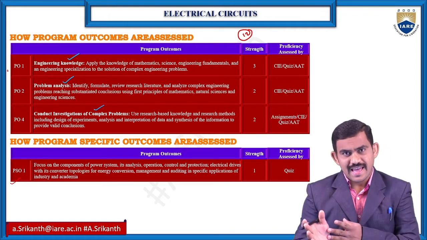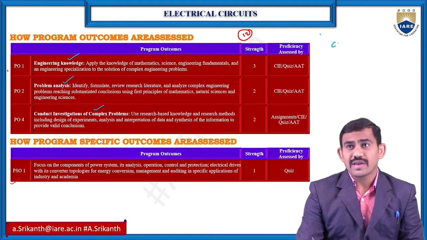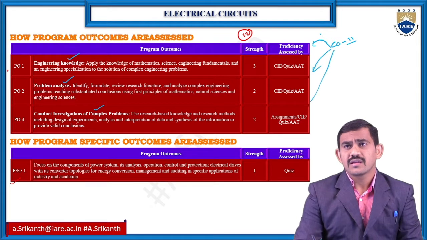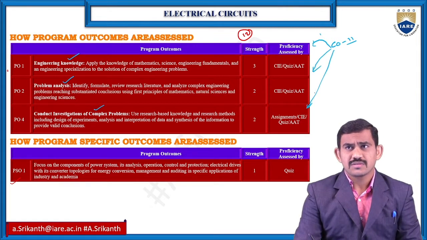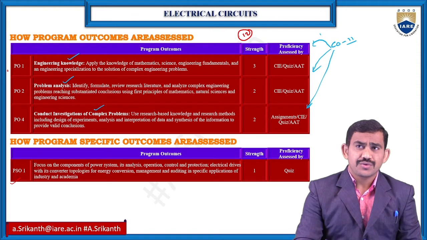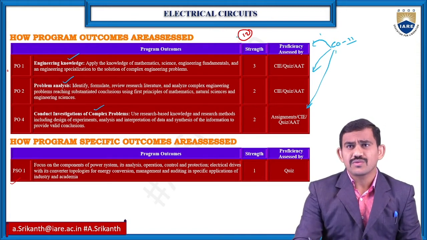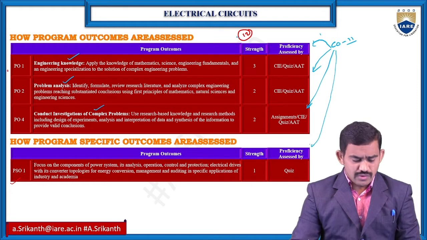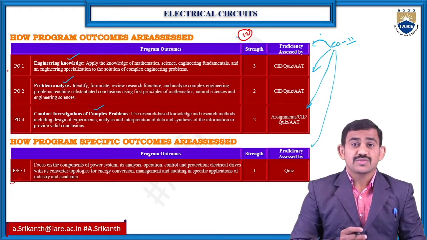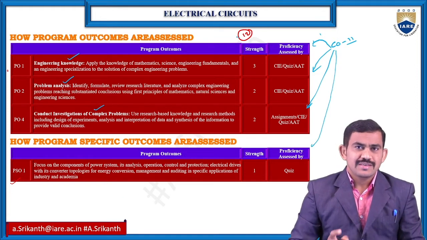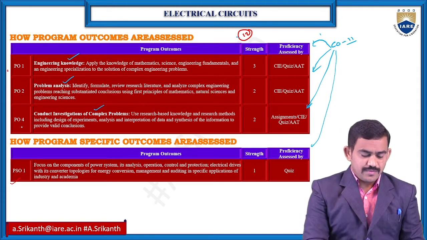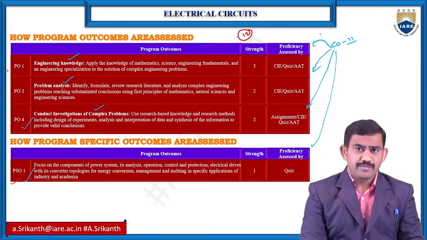We have 11 COs, and these 11 COs are mapped with 3 program outcomes. We have a total of 12, and in the 12 I mapped with 3, and specific outcomes I mapped with only 1. Why I mapped with 1 is because of some analysis here. So 3 POs, 1 PSO.